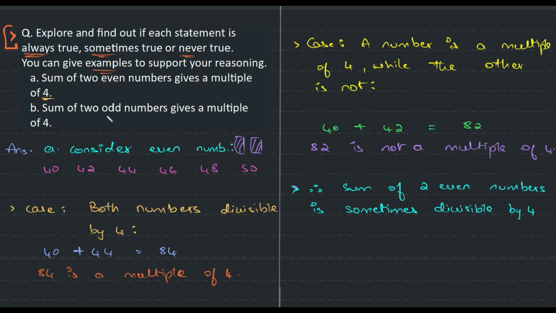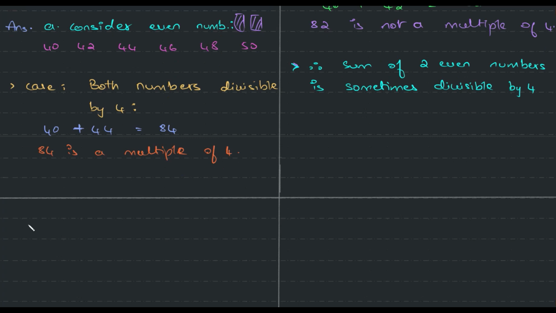Same thing now with the sum of two odd numbers gives a multiple of 4. Same process, right? Consider odd numbers. So please pause and try it. I'll go with 41, 43, 45, 47 and 49.